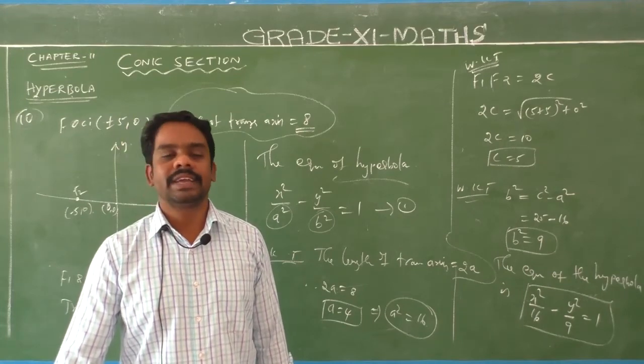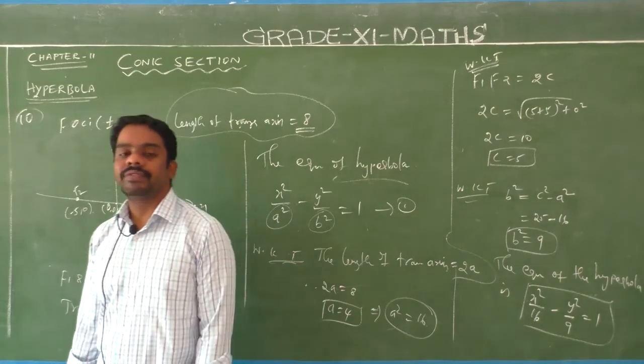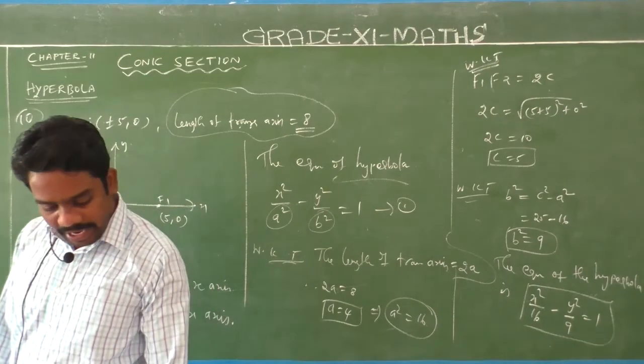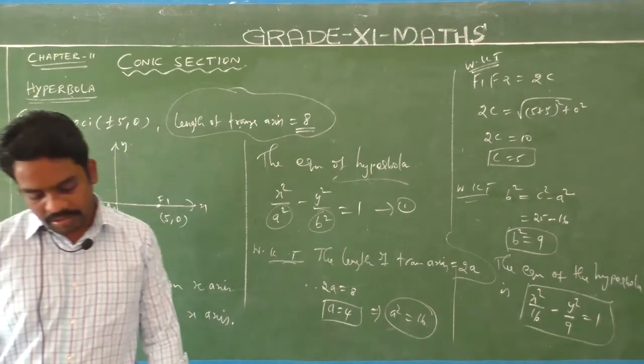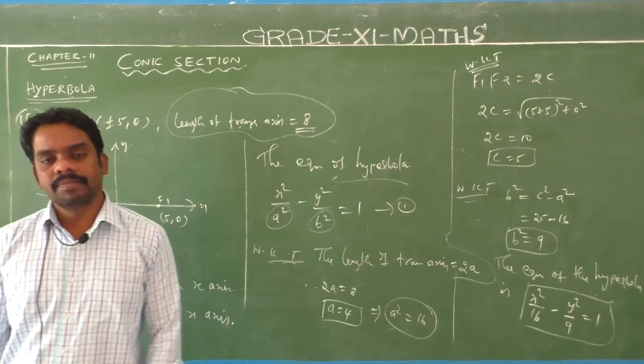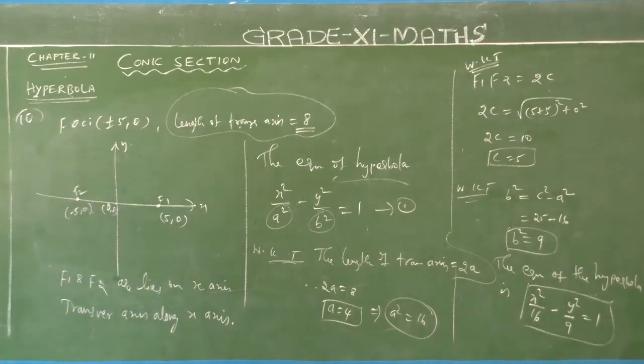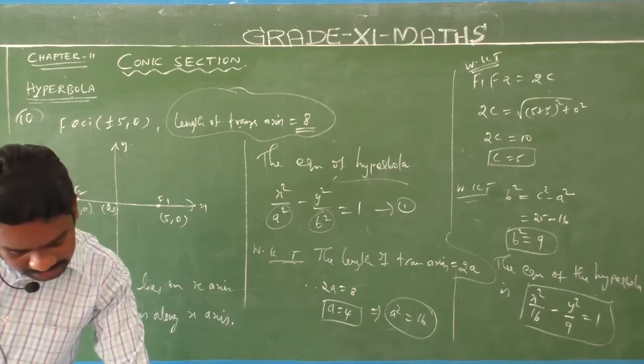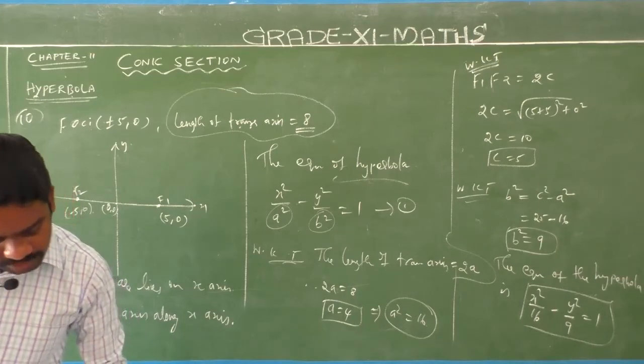We have 25. Sorry, a squared is 25 and b squared is 12 squared. Okay, right. So question number 11 is homework. Next, question number 12.